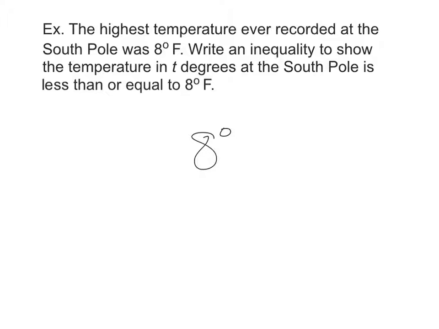So we're going to look for these words. First of all, if it gives us a variable to use, we're going to use that. So T is the variable they gave us. Write an inequality to show the temperature in T degrees at the South Pole is less than or equal to. There is something I learned yesterday, a symbol to show less than or equal to.